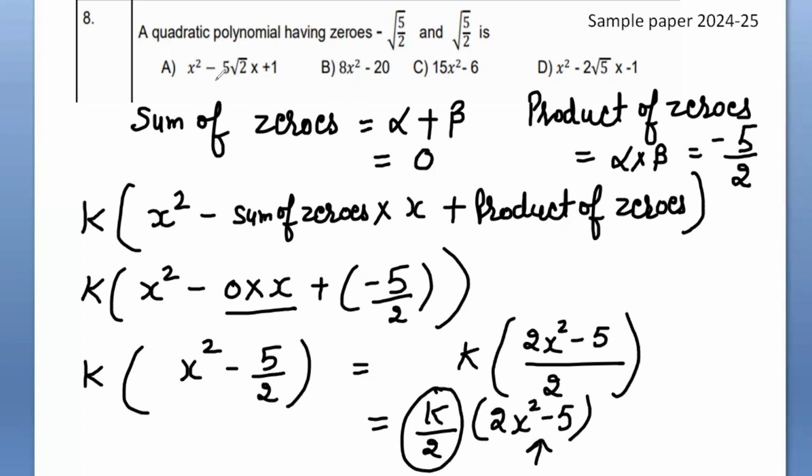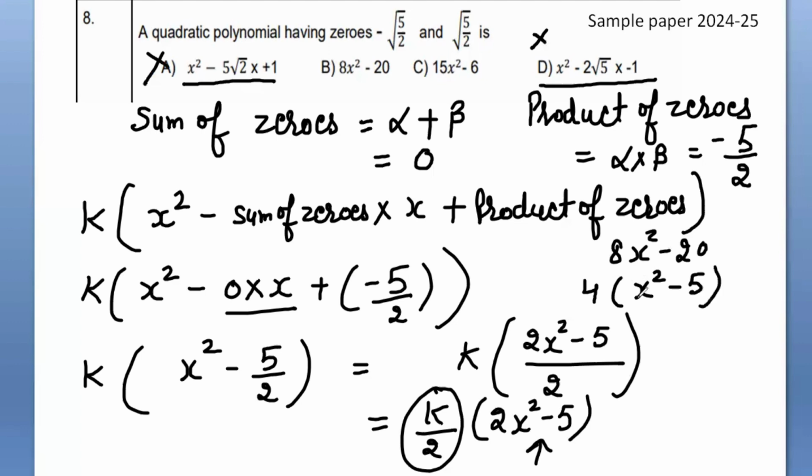So from the options, A has 3 values, that means it can't be the option. D has 3 values, so it can't be the option. We need to find from B and C which is the right answer. For B, 8x squared minus 20, if I take 4 common, 2x squared minus 5 will be left.